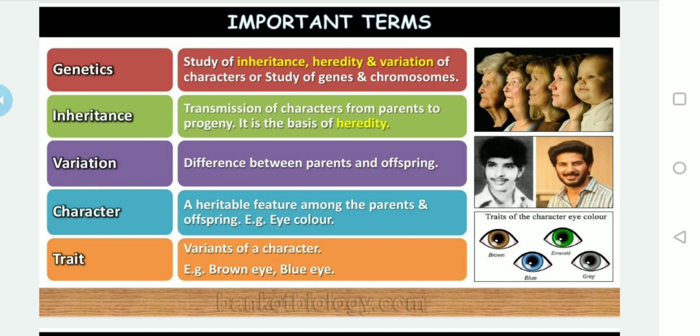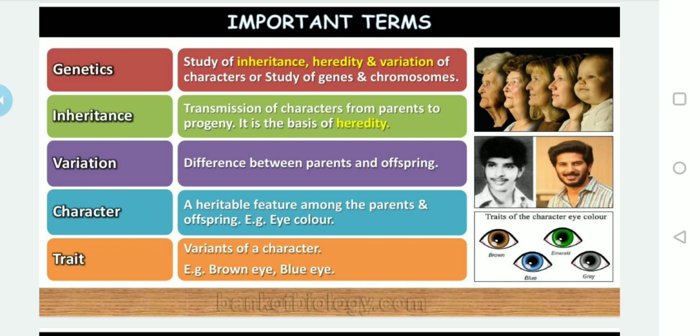Then what is the meaning of heredity? Heredity is the inheritance of characters from generation to generation.